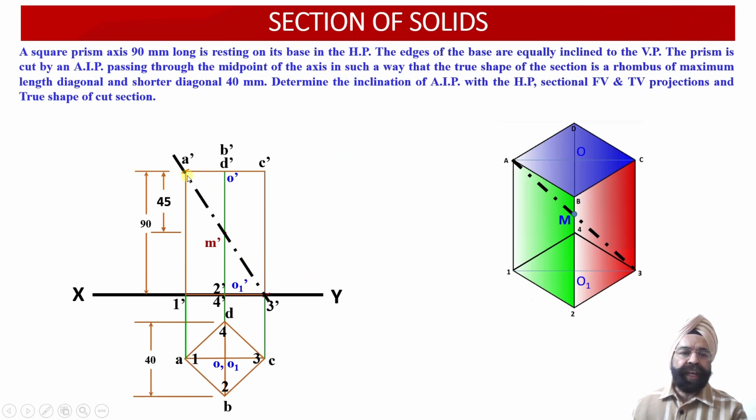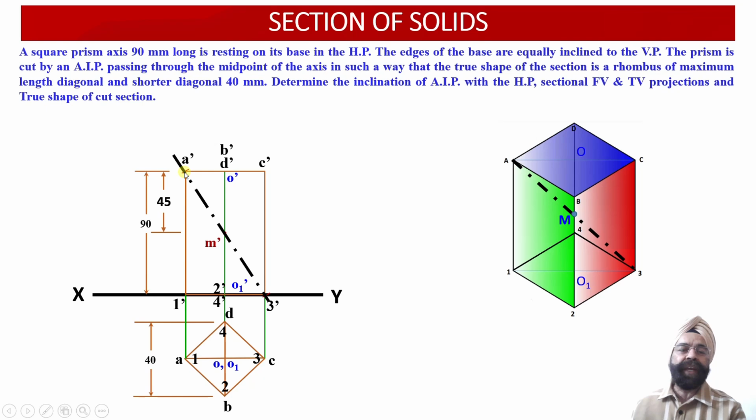Let us now obtain the 4 points of intersection which are available with us by virtue of the intersection of this cutting plane with the square prism over here. So these 4 points we are going to locate in the front view projections as well as in the top view projections over here. Now we can check the vertical edge A-1 has been intersected by the cutting plane at the point A dash, that is at the top of this vertical edge A-1.